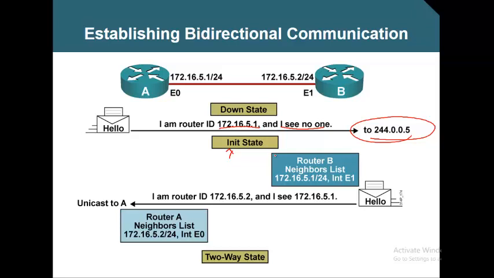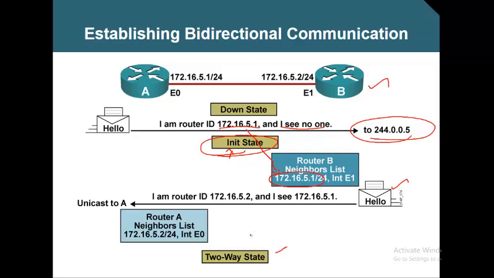Now, the init state will be promoted to two-way state if B is already ready and B is ready to send the hello packet. Now you see B is ready. From the init packet, B has learned that it has a neighbor called 172.16.5.1.